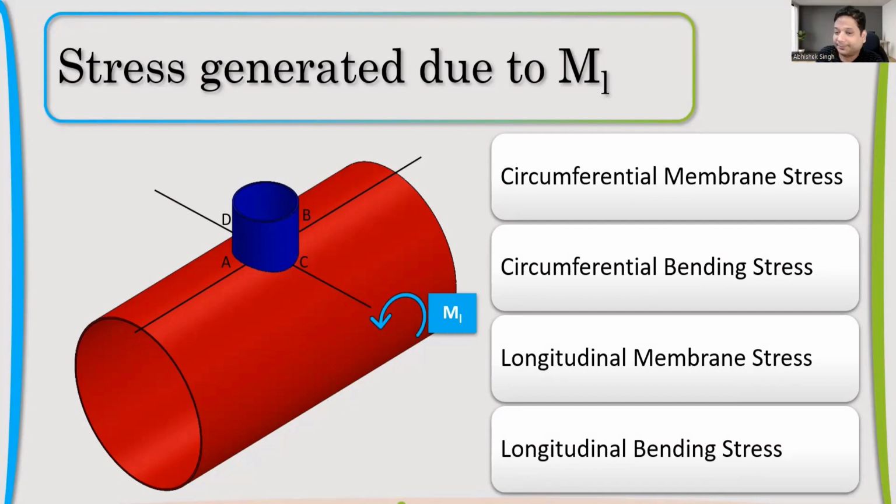Anybody can tell? You'll get the answer later on, but at this point, I want to know. Yes, there will be different values of stresses, depending on the nature of application. We cannot know which one will be problem making.